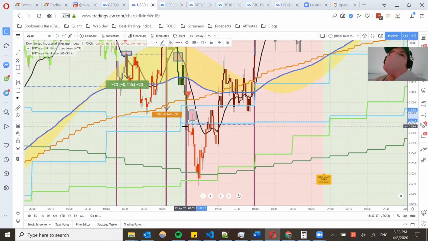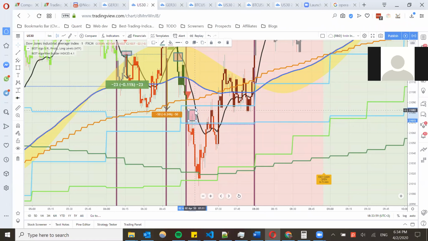You should wait for a pullback past the EMA20 when it's near a daily, weekly, or monthly level. But when it's like this one, it should be a 1 hour or 4 hour level now. So, okay.